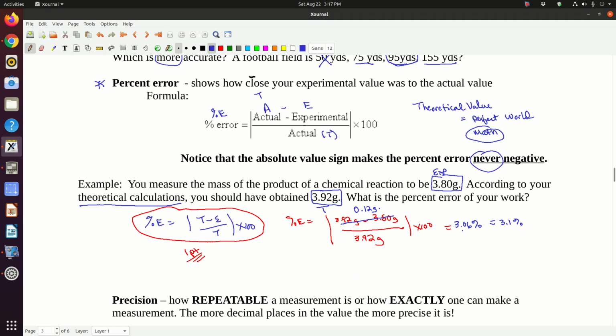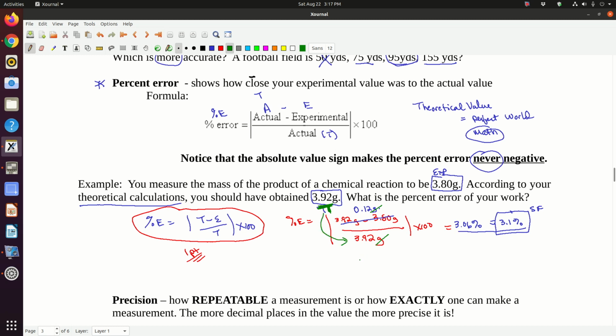Like I said, you haven't gotten there yet, but this is the sig fig answer, and I'll put SF for sig fig answer. Notice that the unit is percentage, because when you do this math, you have a gram on the numerator and a gram on the denominator, and they cancel out. So it is just a percentage. It's an easy calculation. The hardest part is making sure you get the correct theoretical amount on the bottom.